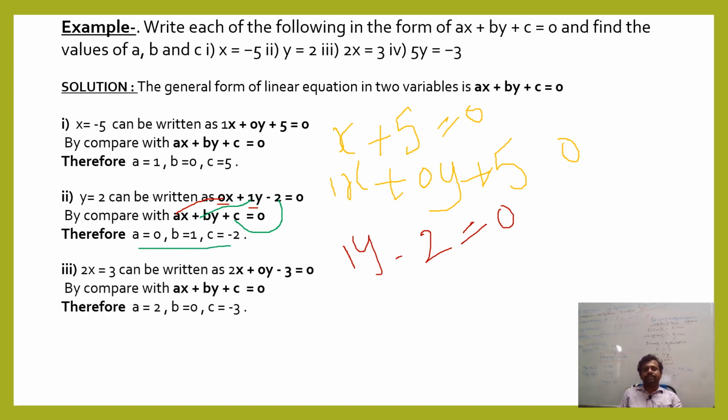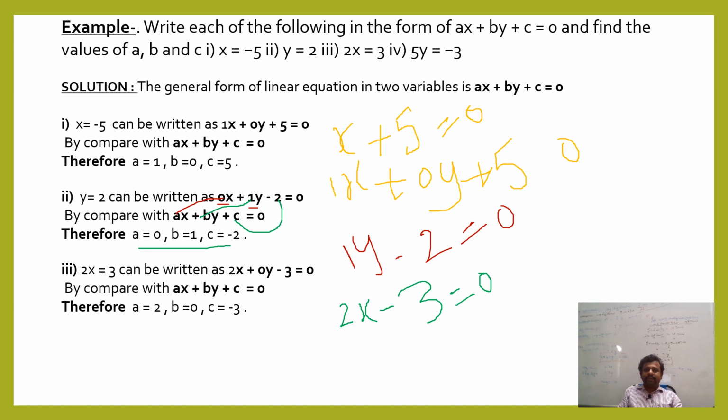We can move to the third example. 2x is equal to 3. Transposing to the LHS, this can be written as 2x minus 3 is equal to 0.